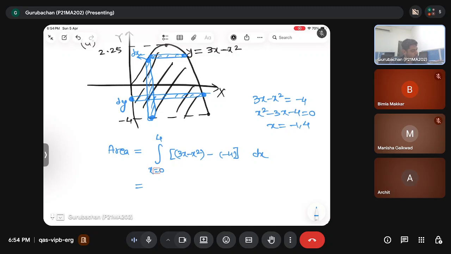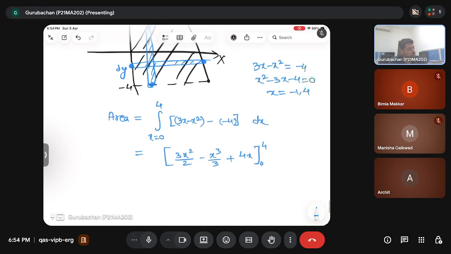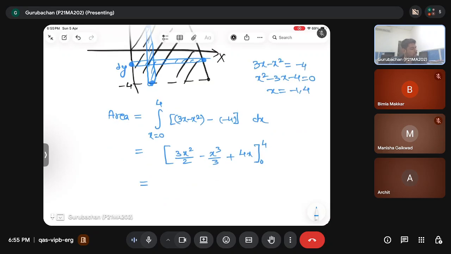So when you do the integration, this will be 3x squared by 2 minus x cubed divided by 3 plus 4x from 0 to 4. So this will give you the value 24 minus 64 by 3 plus 16.